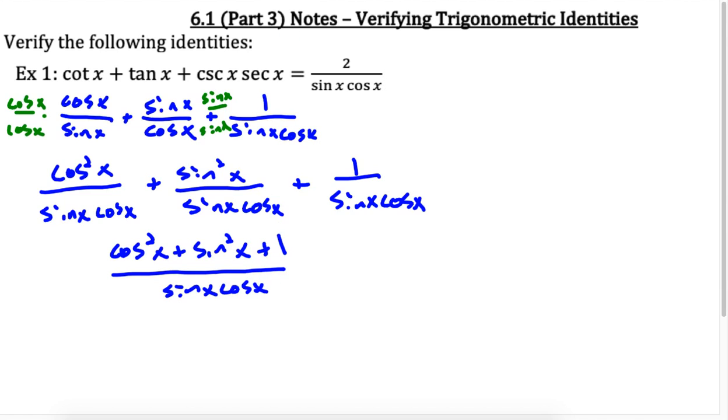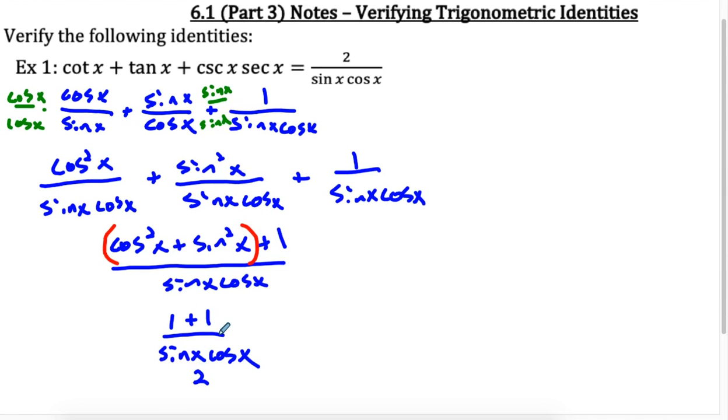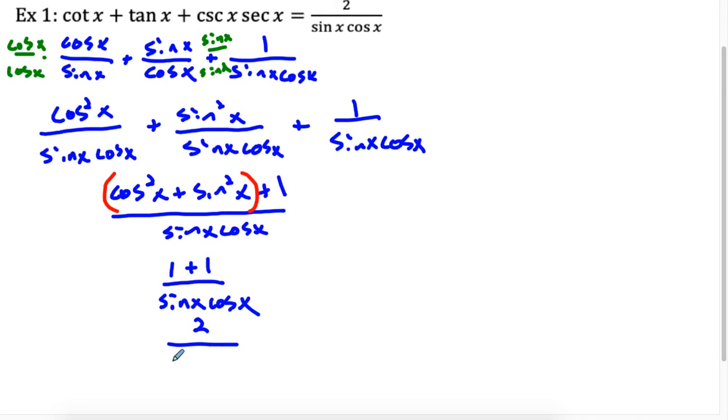Well, now in the numerator, hopefully we recognize that cosine squared plus sine squared is one of my Pythagorean identities. That is just equal to 1. So we end up with 1 plus 1 over sine times cosine. And finally, 1 plus 1 is 2.